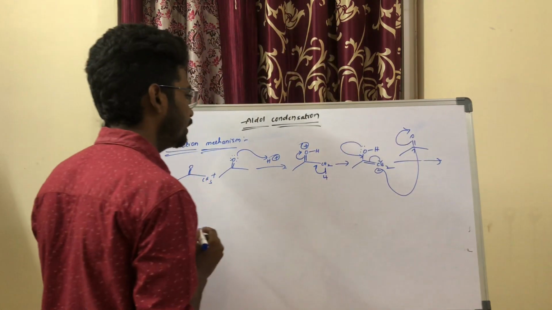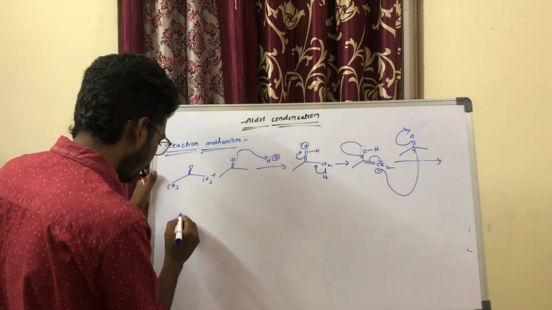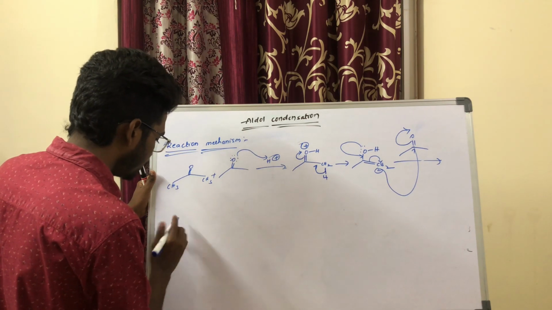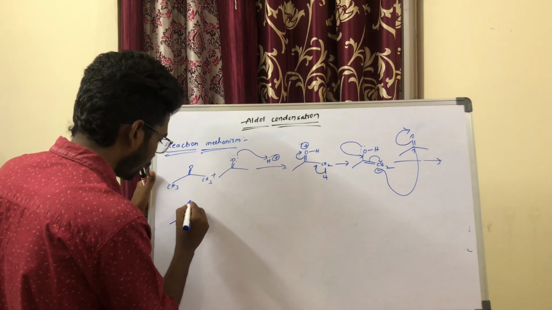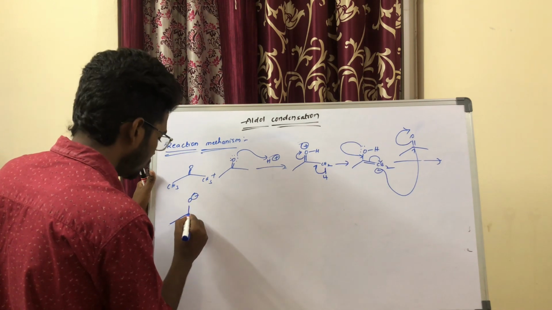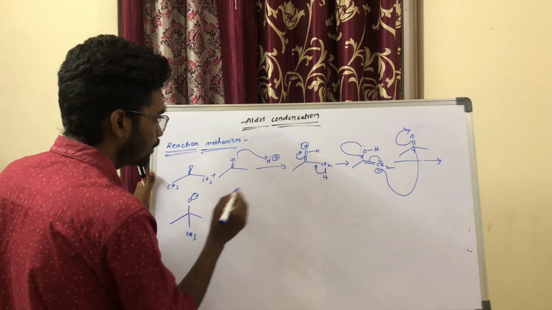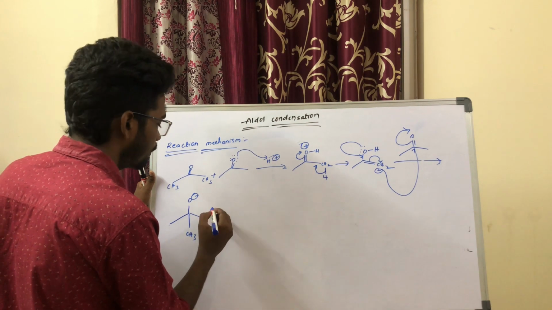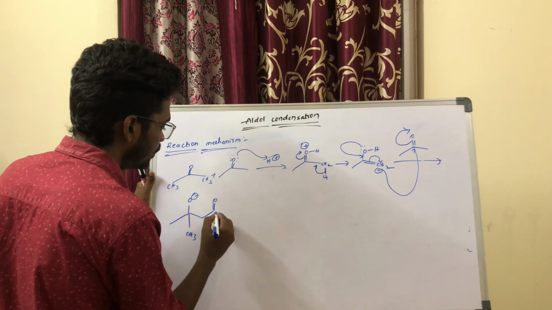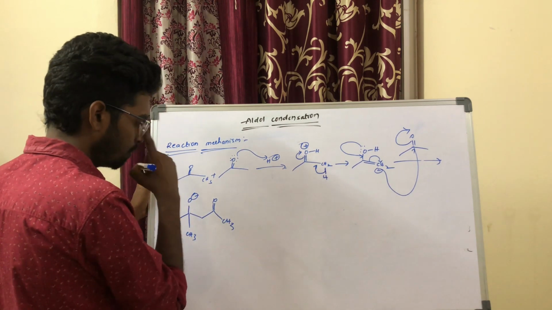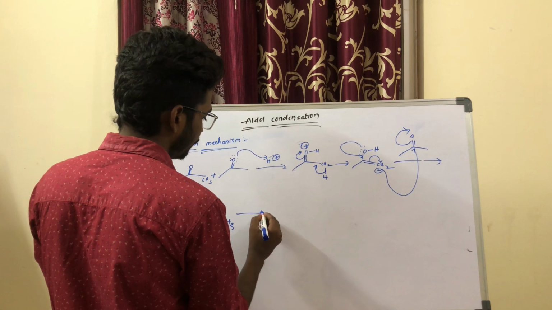Then you can get, I will write here O minus, here one CH3, it is going to attack on CH2. After that, here you will get a double bond and CH3, right? You will get this compound.